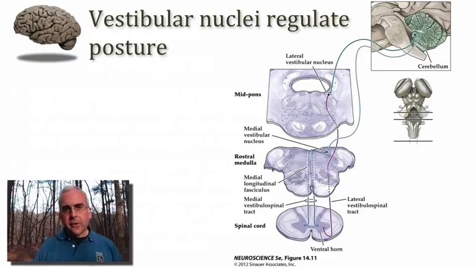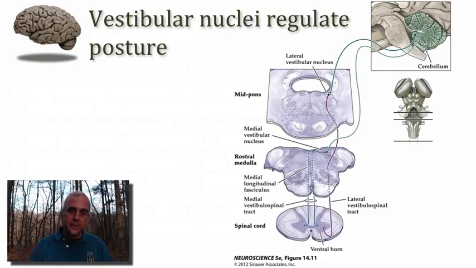In order to do so, there are descending projections from these vestibular nuclei in the lateral tegmentum of the upper medulla and the caudal pons down into the spinal cord. And they contribute to what we will describe as a medial system of descending axons that regulate posture.